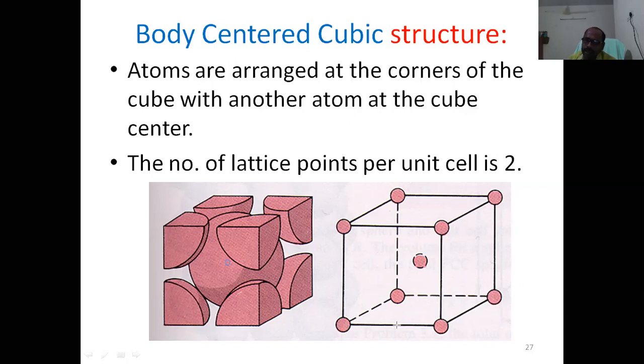Similarly, what is the distance between these two? We get the same distance here to here, the same A distance. So that is A, but the nearest one is only the corner point. There are 8. Therefore, the coordination number is 8.